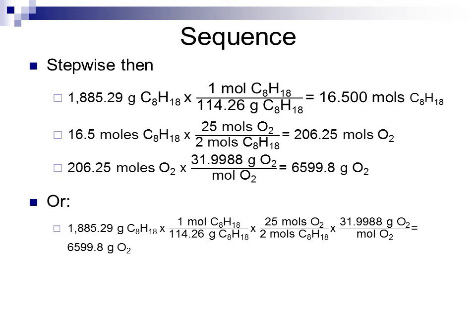Altogether, we go from the initial mass of octane, converting by molar mass into moles of octane, from moles of octane into moles of oxygen, from moles of oxygen back to mass of oxygen. We can do this for any pair of substances in a chemical reaction.